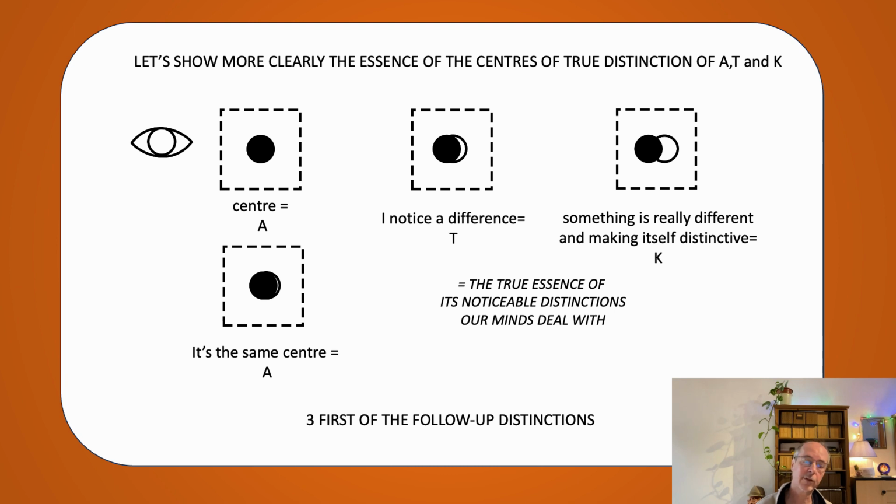Here I have the first three letters, and here I can immediately recognize: if you focus upon an object, and as long as we can keep just one center to look at it, it's connected with the letter A. Even if it has some slight variations, like you see underneath, and you still regard it as being the same center, it's connected with the letter A. Everything connected with the letter A looks like that and has this focus.